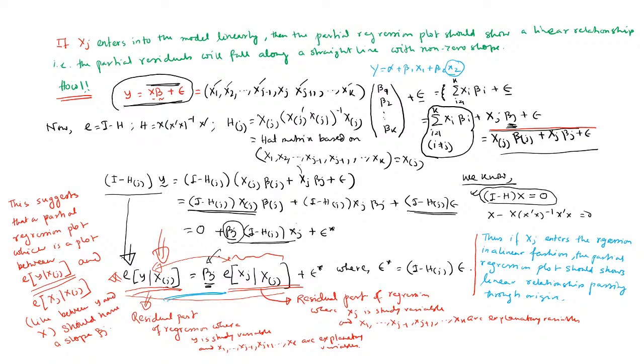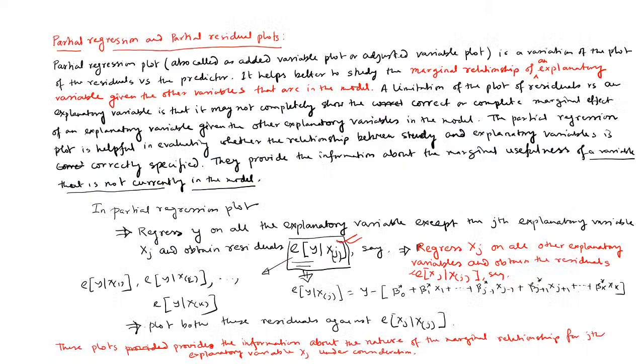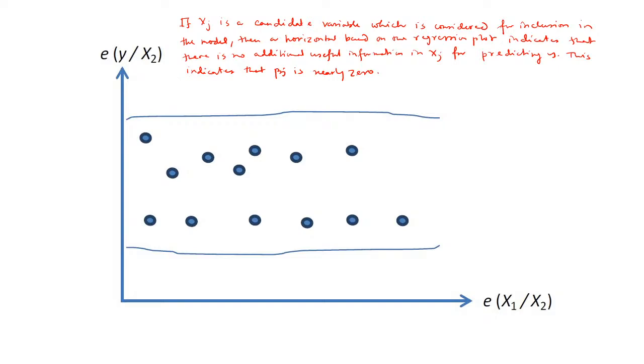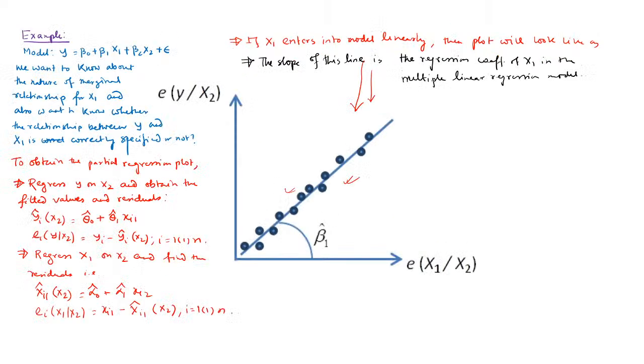So the slope of this line is the regression coefficient of x1 in the multiple linear regression model.